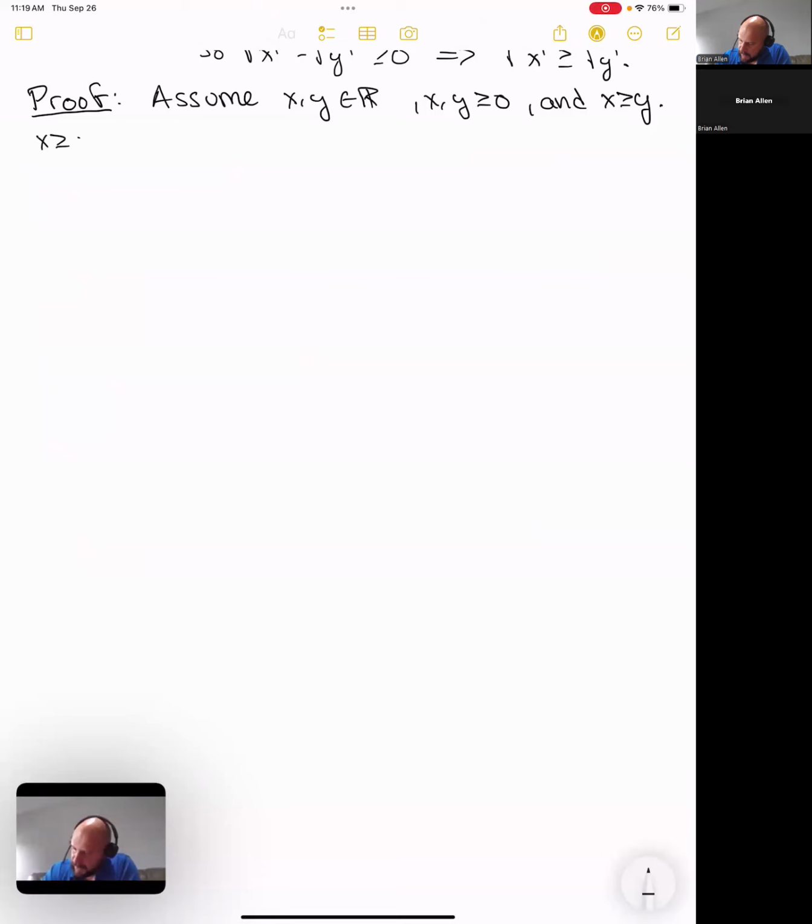X being bigger than y is equivalent to x minus y being bigger than 0. Just pointing that out to the reader.